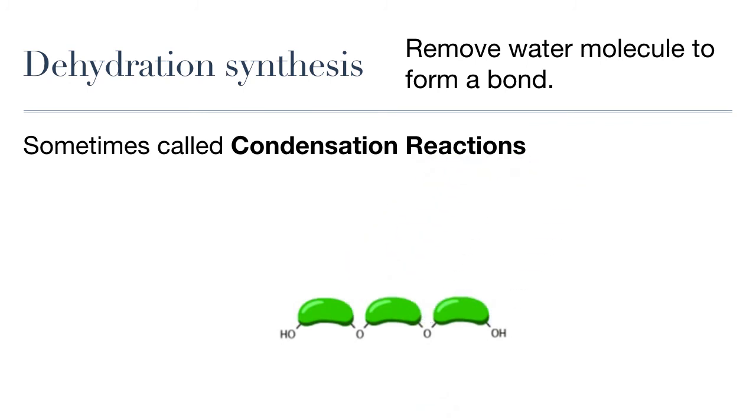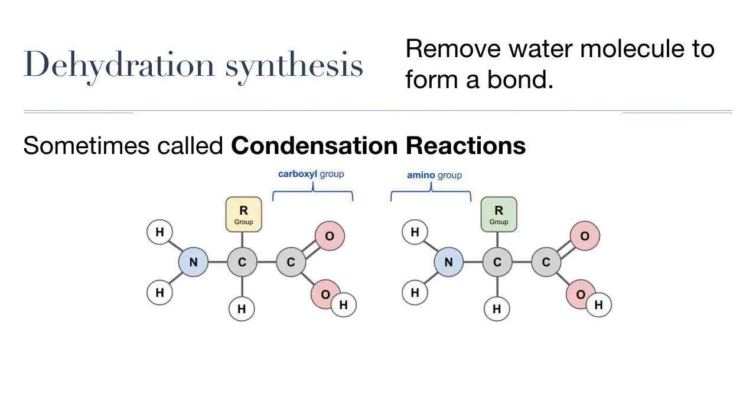Like all chemical reactions in the body, the reaction is actually helped or catalyzed by an enzyme. And here's an example of a dehydration synthesis reaction we will explore in more detail in the lesson on proteins. This one will join 2 amino acids, the monomers of proteins, together by removing water.